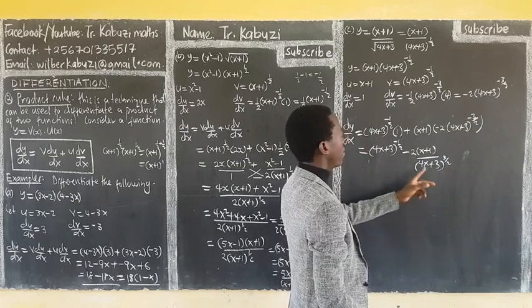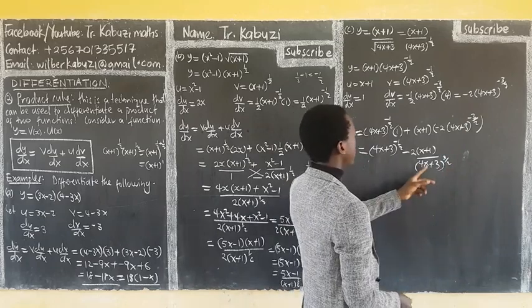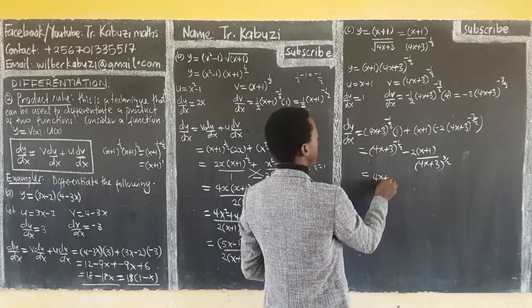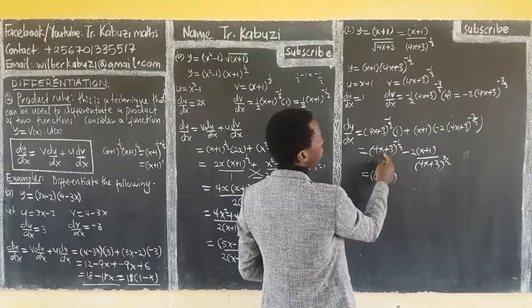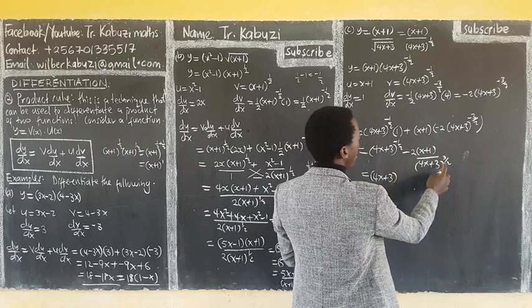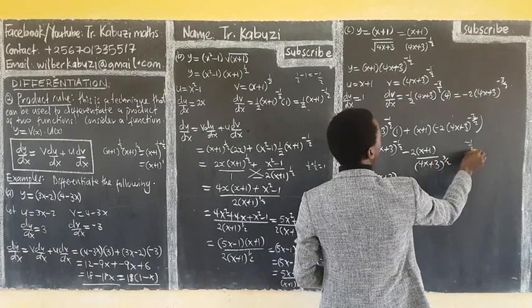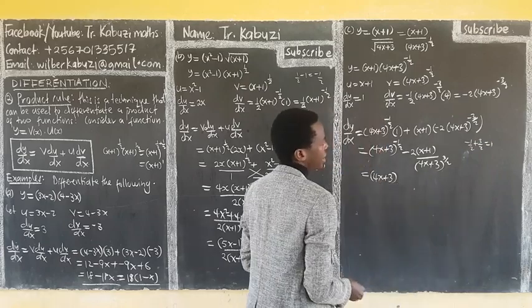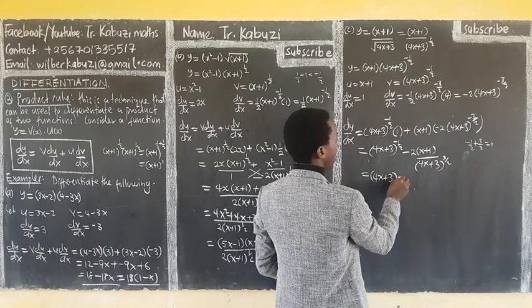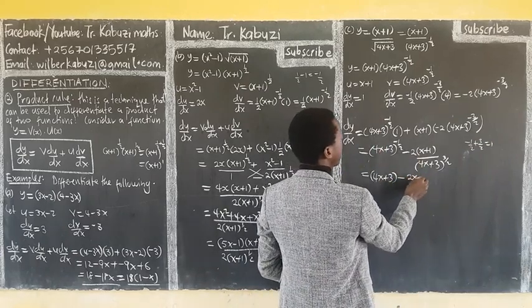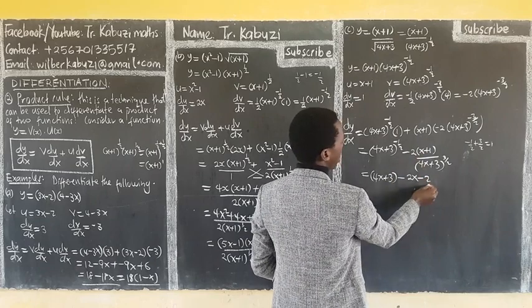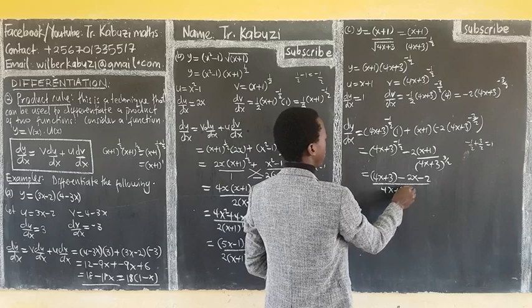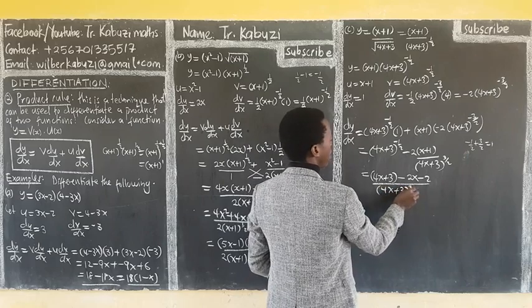And we cross multiply here, so we are going to get (4x + 3). If we cross multiply, we shall be adding the powers, negative a half plus 3 over 2, and we get 1. Then minus 2x minus 2, we open the brackets there, all over (4x + 3) to the power 3 over 2.